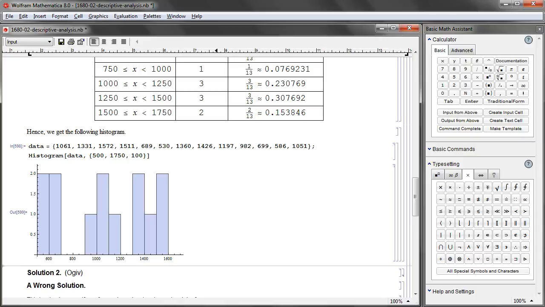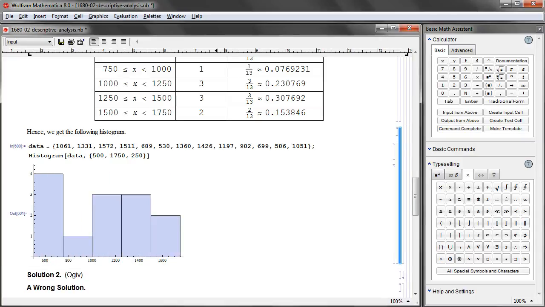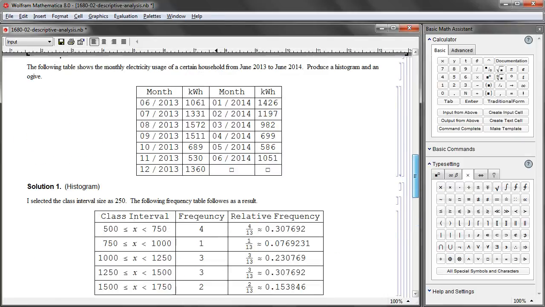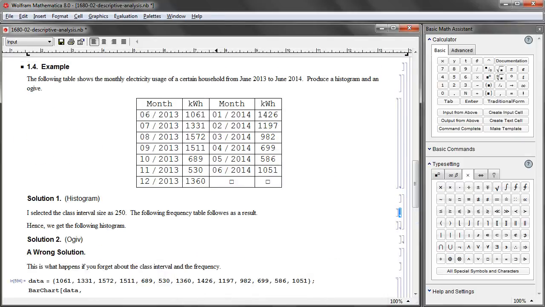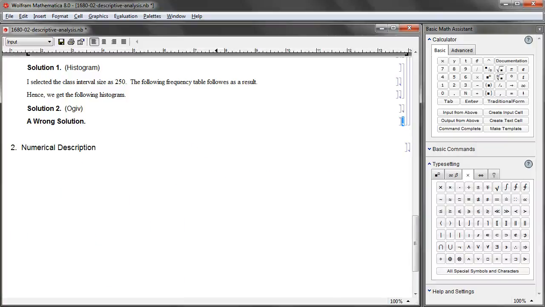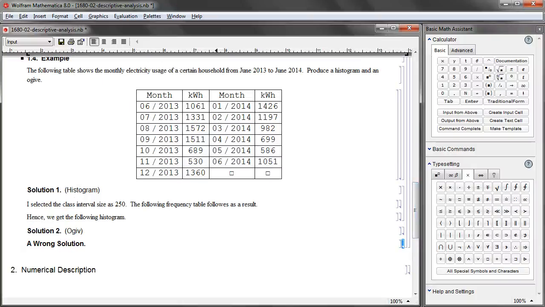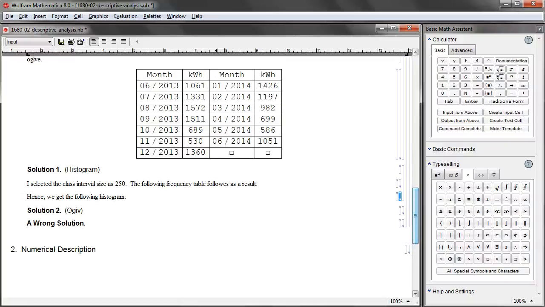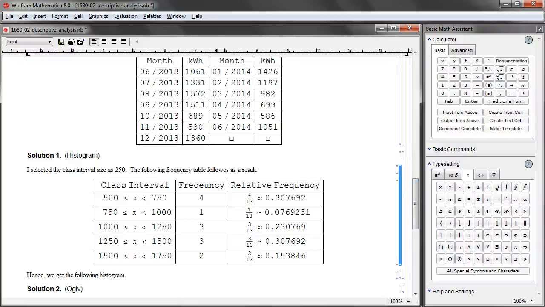So just relying upon boxes touching each other is a bad idea. This is wrong. This is not a histogram. Boxes are touching each other, but look at horizontal and vertical labeling. No, no, no. And this is right. And that's related to this kind of frequency table.